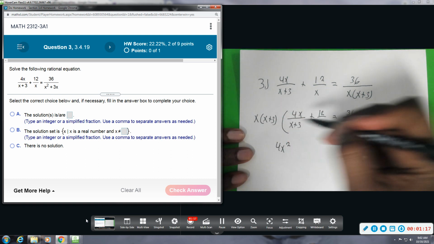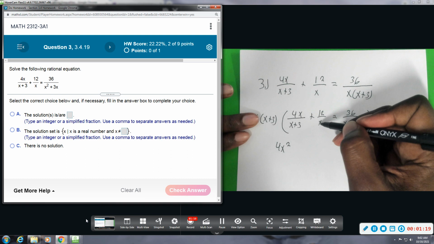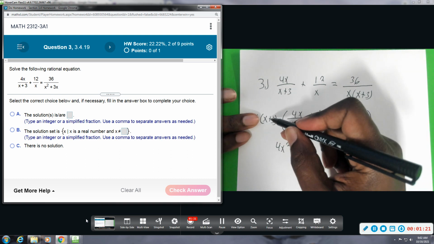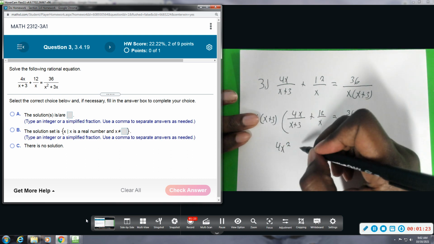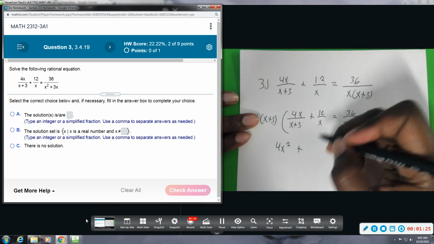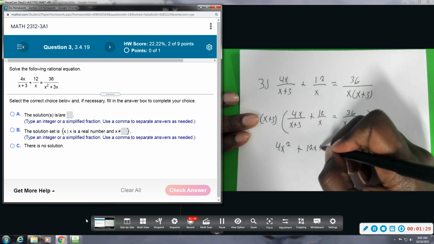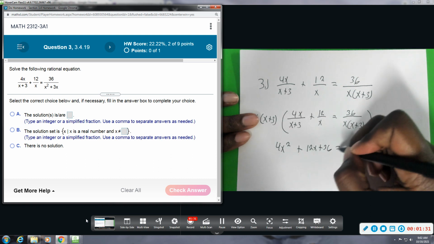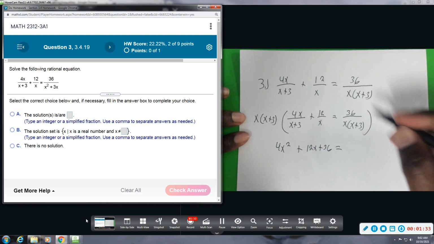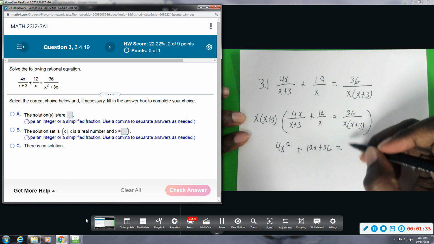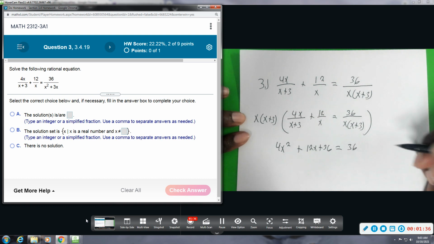And then this term, the x will cancel, and I'm going to multiply x plus 3 times 12. I'm going to go ahead and distribute that. So x times 12, 12x, 3 times 12, 36, equals, when I multiply this side, the whole bottom cancels. This leaves me with 36.